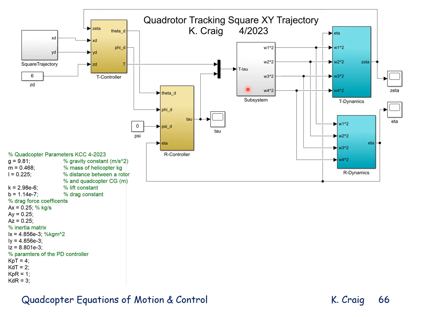This is a subsystem that relates the thrust and angle moments, roll, pitch, and yaw moments, to the propeller speeds. This block represents the translational dynamics, and this block represents the rotational dynamics. And the quadcopter parameters used in this simulation are shown here.